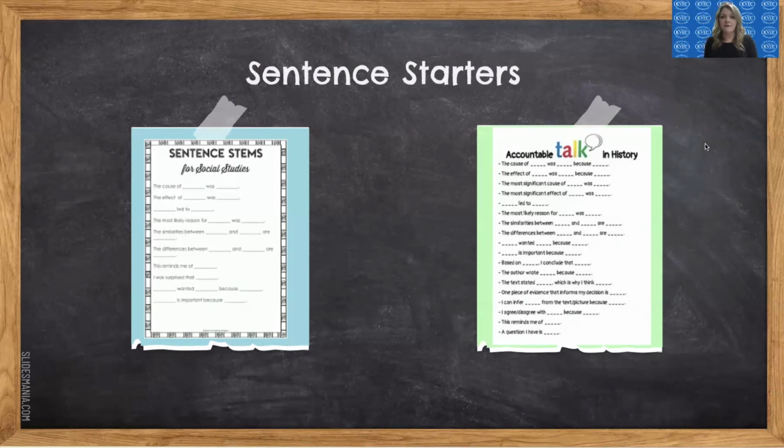And this is a scaffold, and a scaffold is like a support for those kids. And since we're talking about the American Revolution, these are just some social studies examples, and these are called sentence starters. And these could be very general and be applied to different areas. So, like for example, the cause of blank was blank.